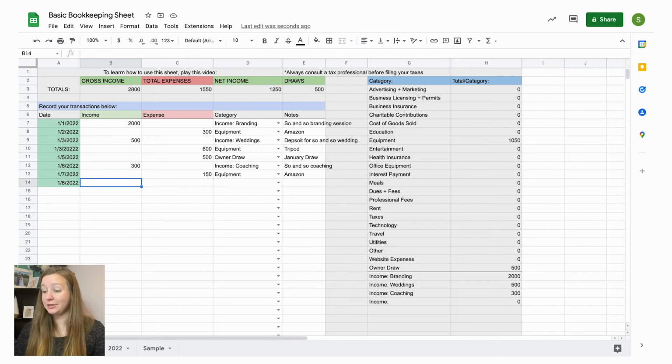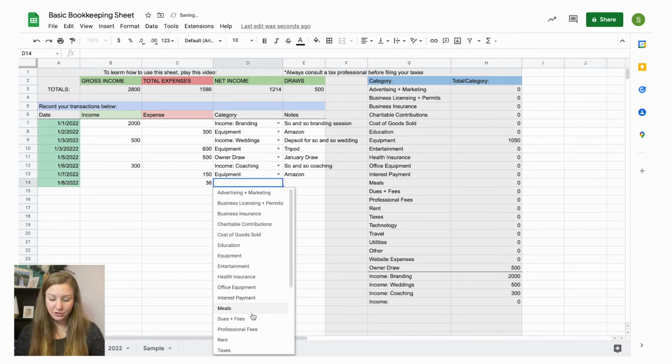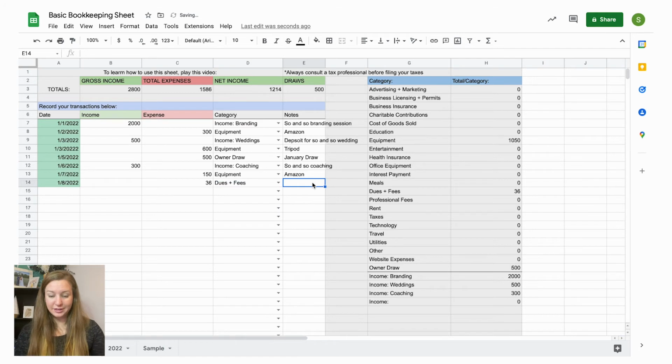Your credit card processor took 3% of that. So $1,200 times 0.03. Your credit card processor took $36 from that, which means that fee that they charged you, that $36, is an expense that you paid to dues and fees. So you can come in here and put credit card processing fees.